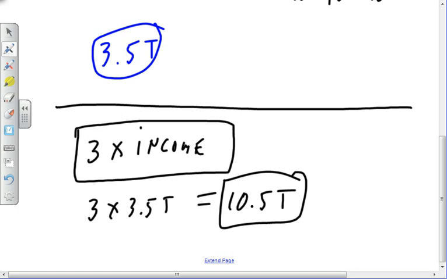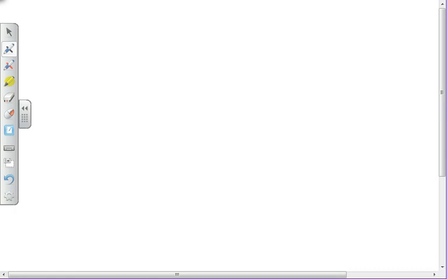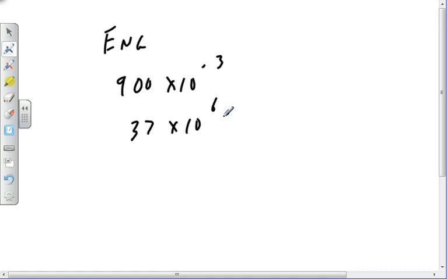Not really. Your calculator has the ability, in mode, to be in normal or scientific or engineering notation. So if I put my calculator in engineering notation, I'm going to get answers like 900 times 10 to the minus 3, or 37 times 10 to the 6th.